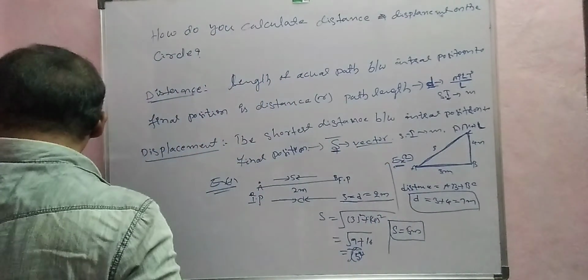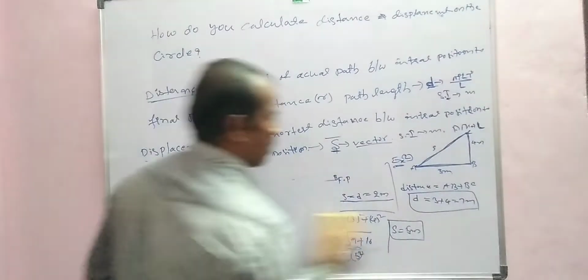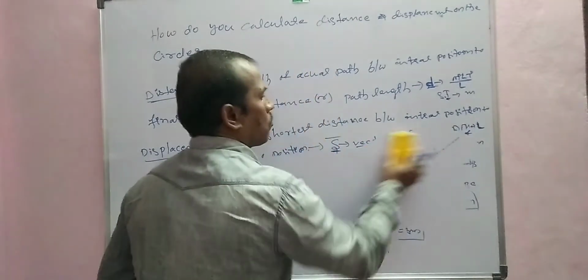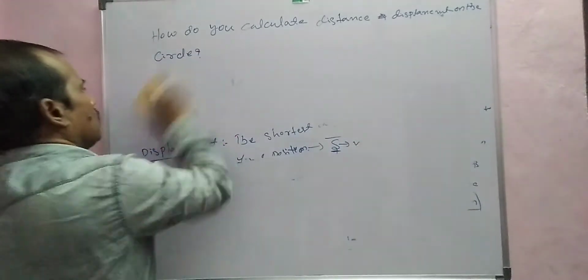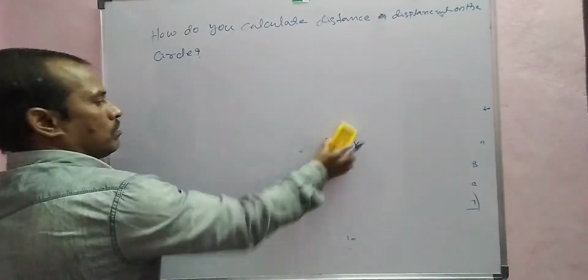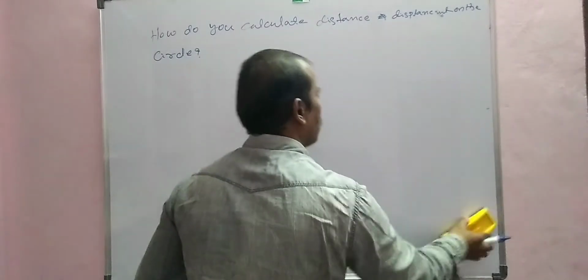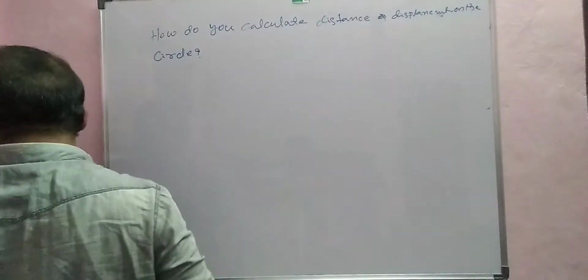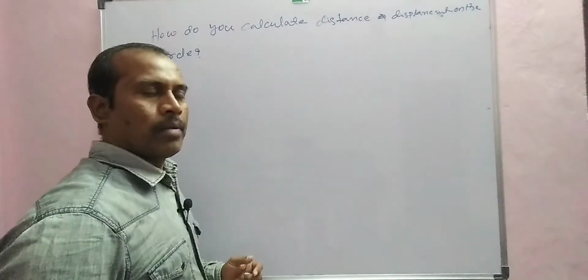The person is traveling along a curved path. How do we find the distance and displacement of the particle or person? It is a very simple method.